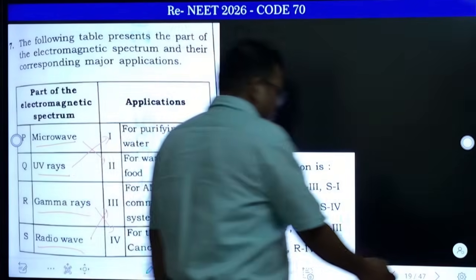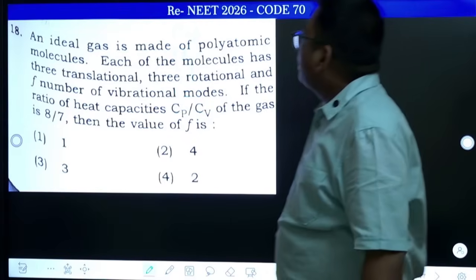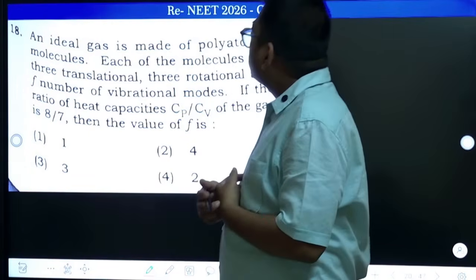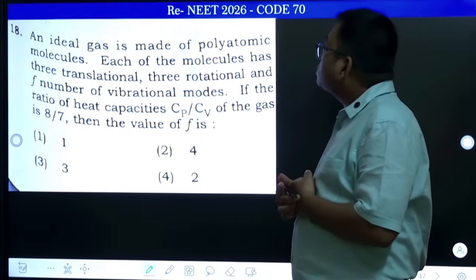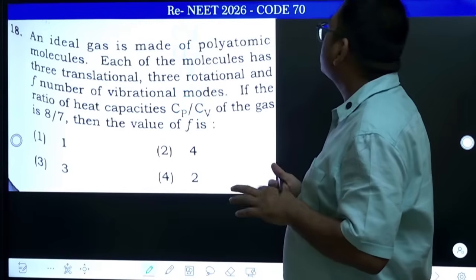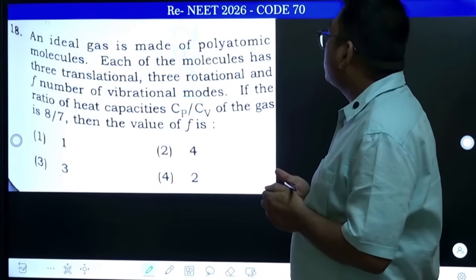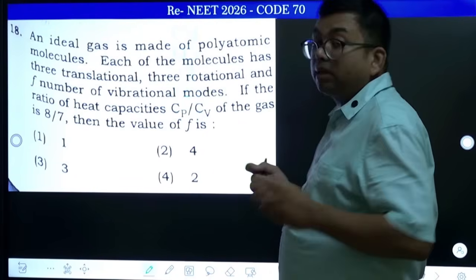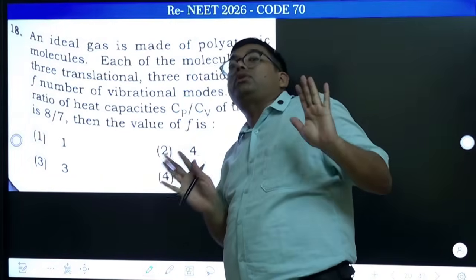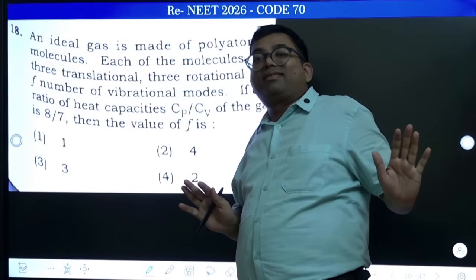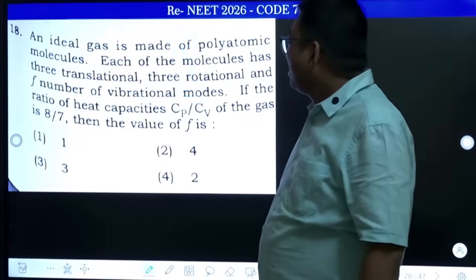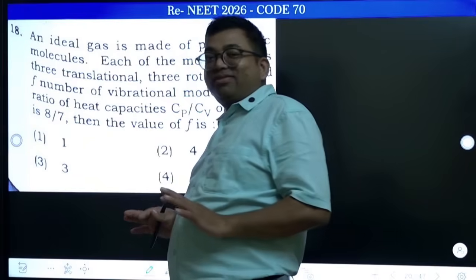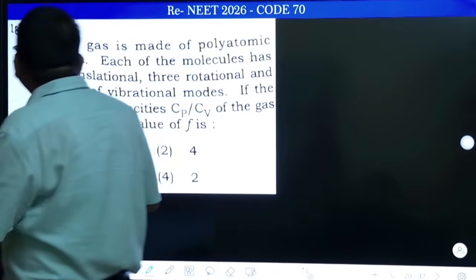Over. Let's move next. An ideal gas is made of polyatomic molecules. Each of the molecules has 3 translation, 3 rotation, and F number of vibrational modes. Note that F is not the degrees of freedom. You will confuse. Let us keep this as X to not confuse.